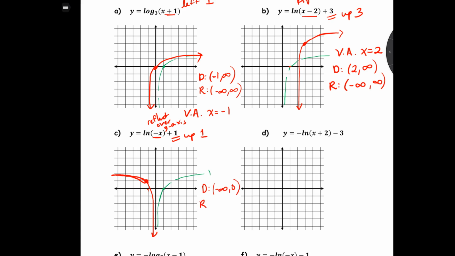What would the range be? -infinity to infinity. And what's the vertical asymptote? x equals 0. Good. Take a minute to do D, E, and F with your partner, and then we'll check our answers up at the screen. List out the domain, the range, and the vertical asymptote as well.